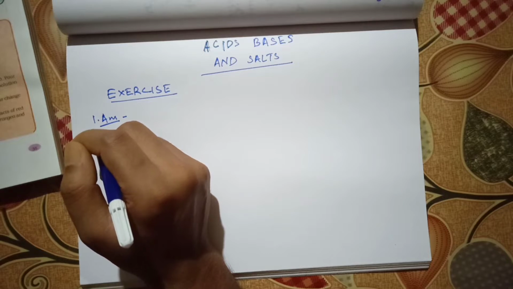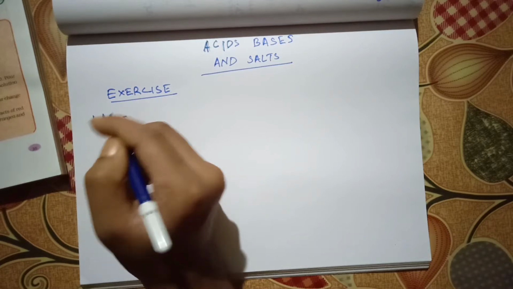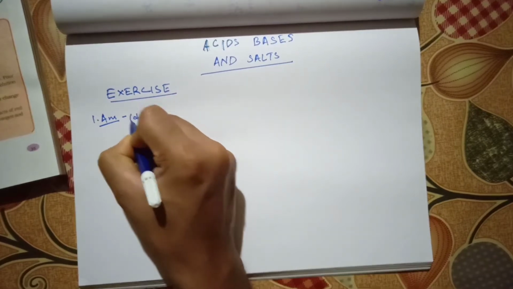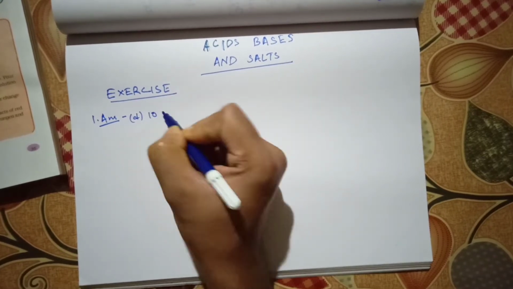Below 7 is acidic in nature and above 7 is basic in nature. So since the solution turns red litmus blue, its pH is likely to be 10 and the answer is option D, 10.